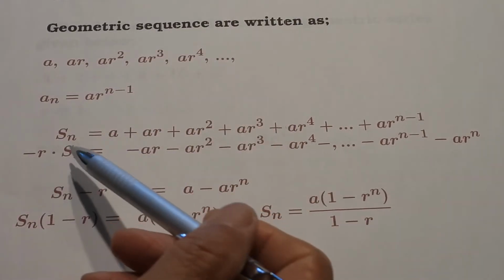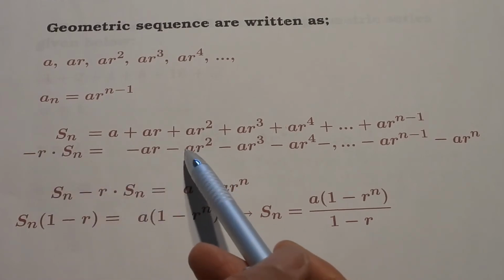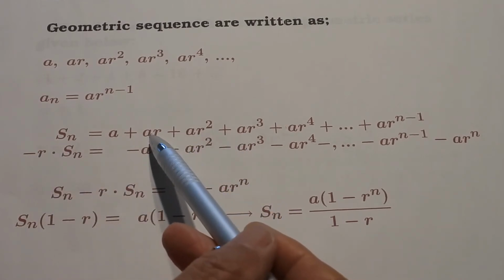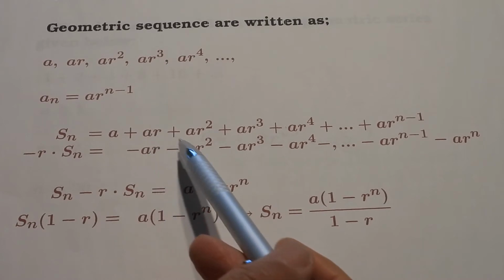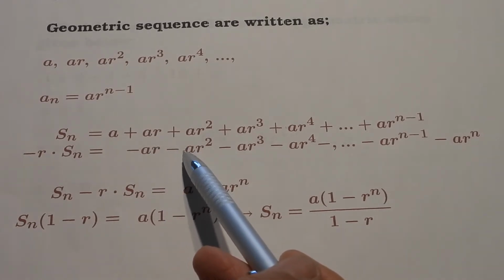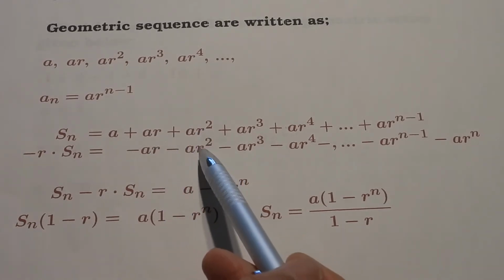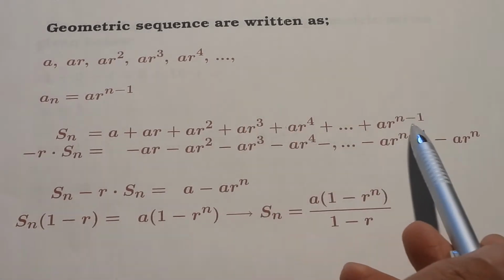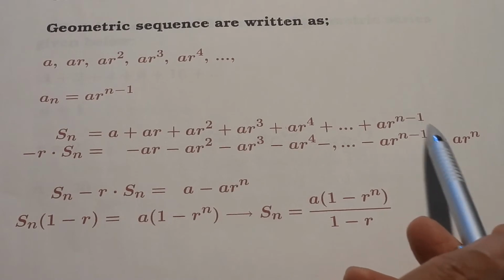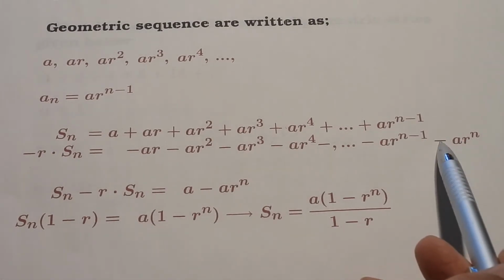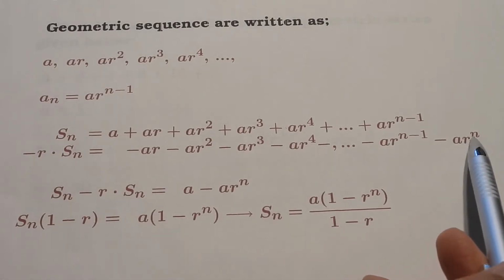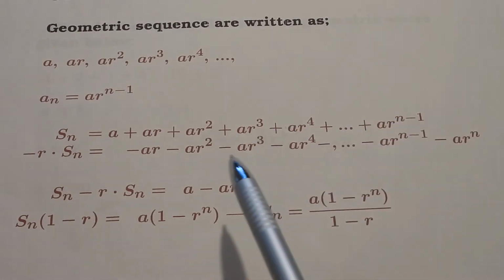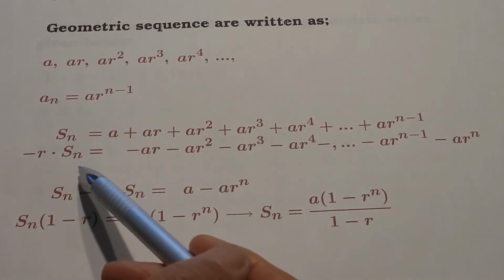We multiply each side by negative r, and again here, this one times negative r turns out negative a times r to the second power, and then you go all the way up to the last one, which you times by r, then it will be a times r to the n power. Now, we add each side.